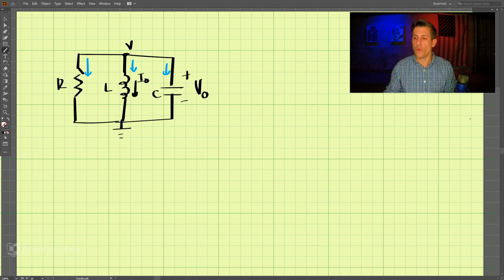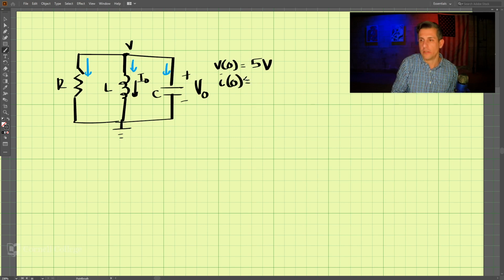And what we want to do is we have our voltage at time 0 is equal to 5 volts. And our current at time 0 here is 0 amps. L is equal to 1 Henry.